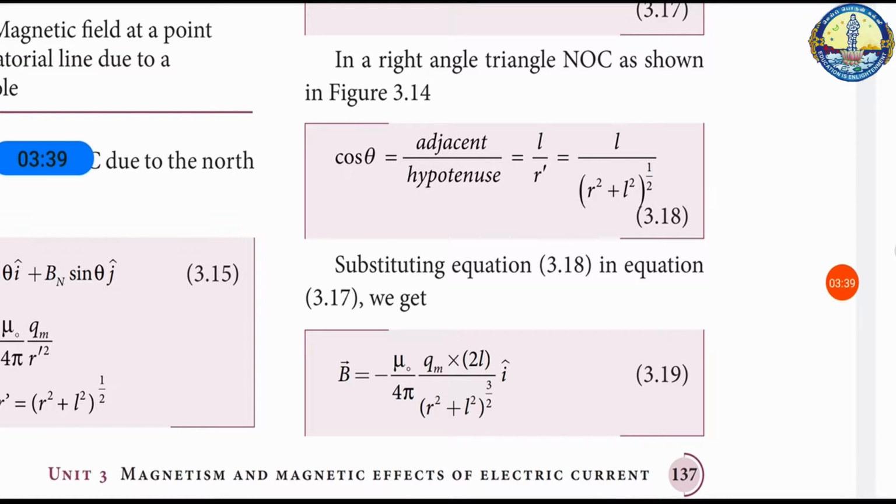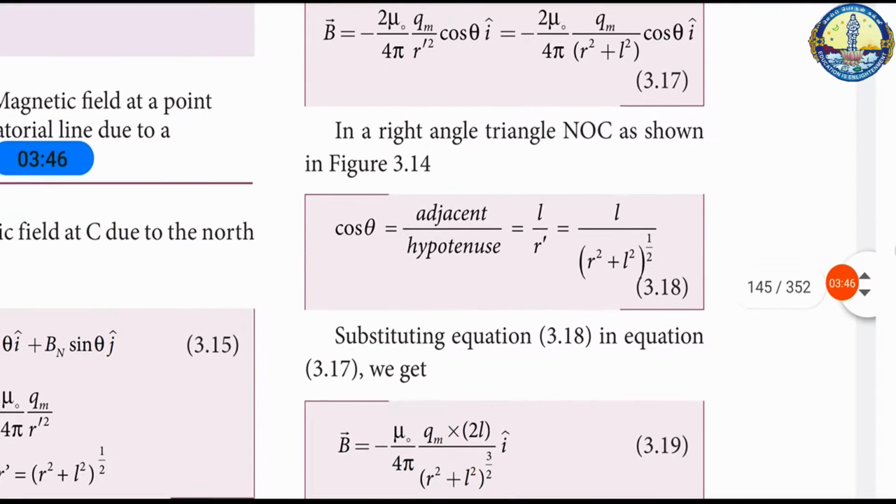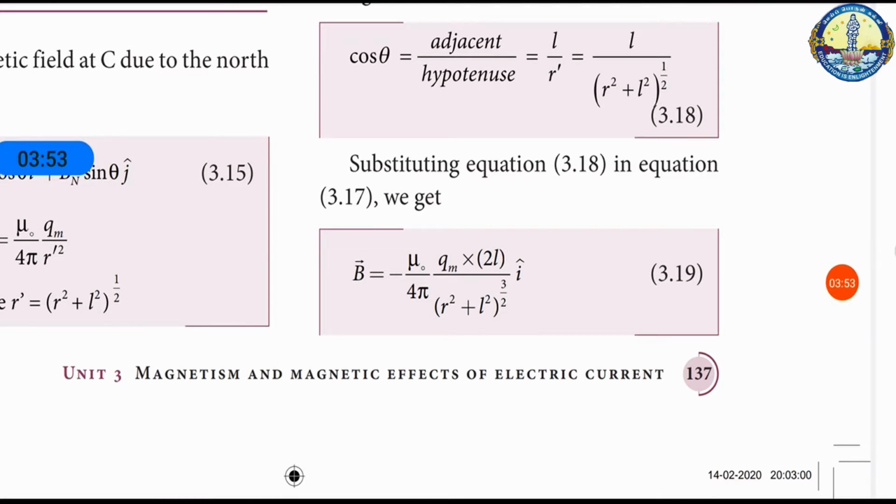We know the value of r dash is (r square plus L square) power 1 by 2. Substituting this value in the equation, we get B bar is equal to minus mu naught divided by 4 pi into Qm into 2L divided by (r square plus L square) power 3 by 2 into i.